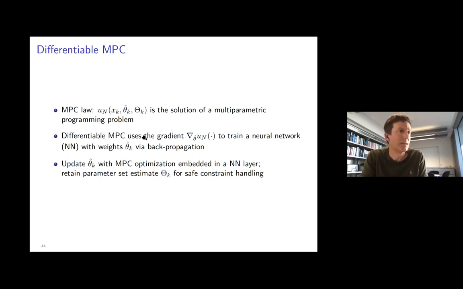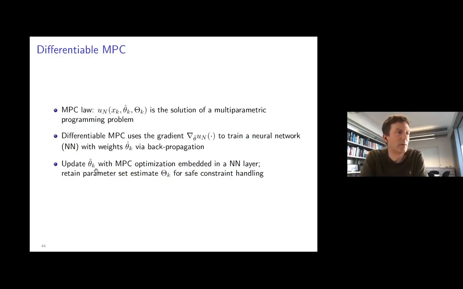Okay, so this allows us to use gradient descent type methods to train our parameter estimate. So, for example, we could define the parameter estimates using a recurrent neural network, and we can use gradient descent to actually train that network in order to optimize performance or to optimize some kind of measure of loss.